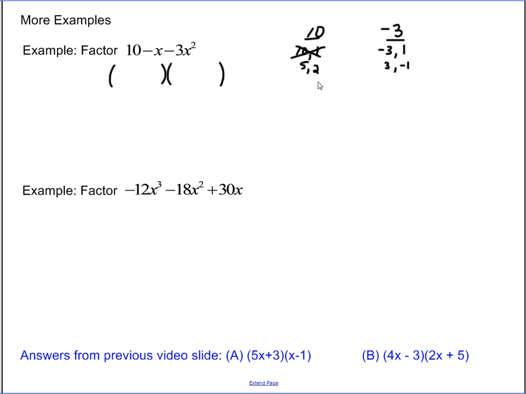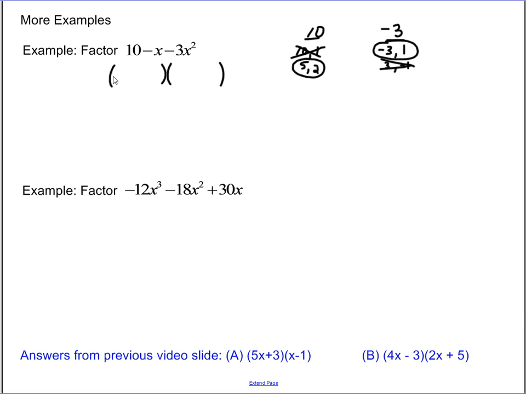Not much help. But 2 times 3 is 6, and 5 times 1 is 5. And when we add 6 and -5, we do get +1. Or if we add -6 and +5, we get -1. And that's what we seem to want. So it looks like we should be taking some combination here of 5 and 2, along with -3 and +1.